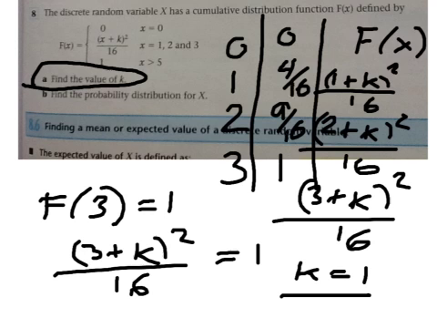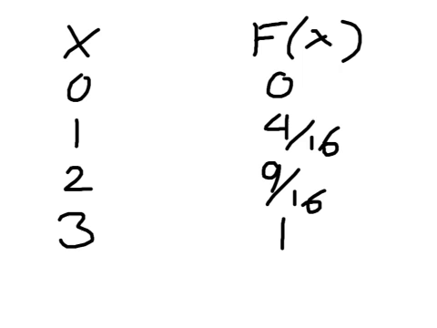So I've written this out. All we need to do now is subtract. So 1 take 9 sixteenths is 5 sixteenths for the probability of 3. 9 sixteenths take 4 sixteenths is 5 sixteenths again. And 4 sixteenths take 0 is 4 sixteenths.